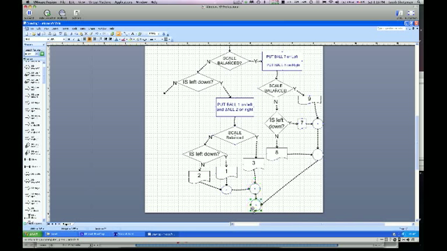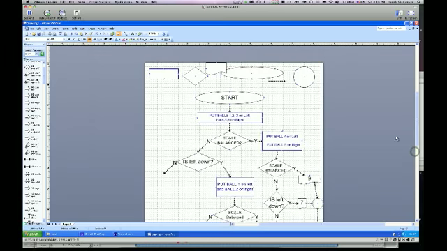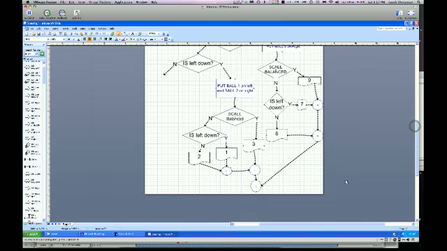And the reason we do that is because we want to end the flowchart with one end statement, which will be the same shape as the start, but all the way at the bottom, and all the connectors at the end will go into the end.